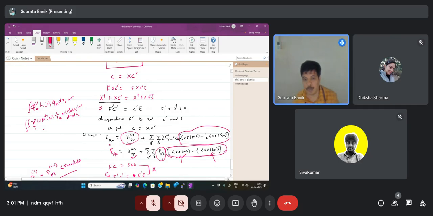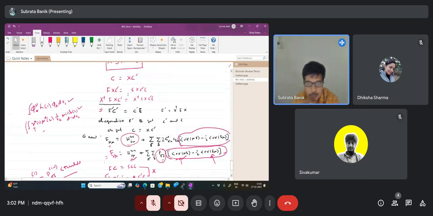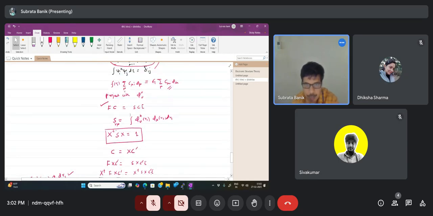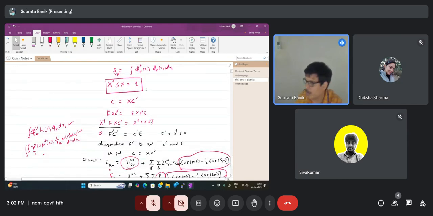Once you guess this P, you can easily construct F. S is also known. Once I have a set of phi, I can calculate S. With the guessed P, I can calculate F. So I have now FC equal to SC.